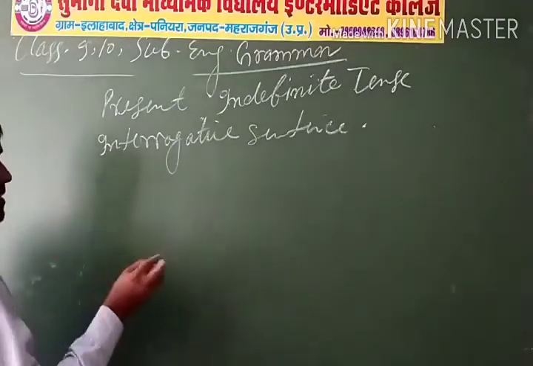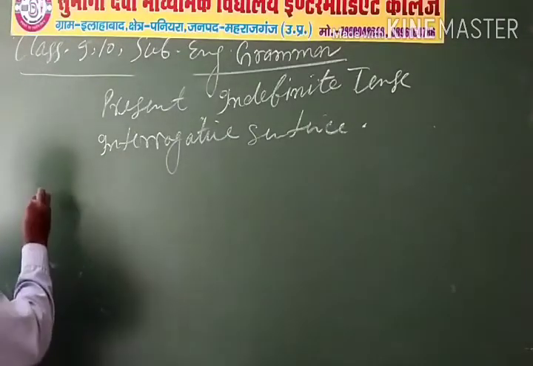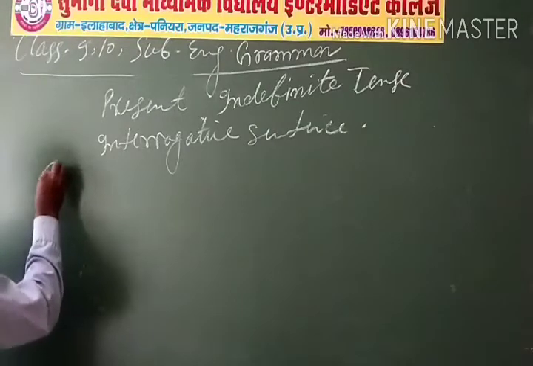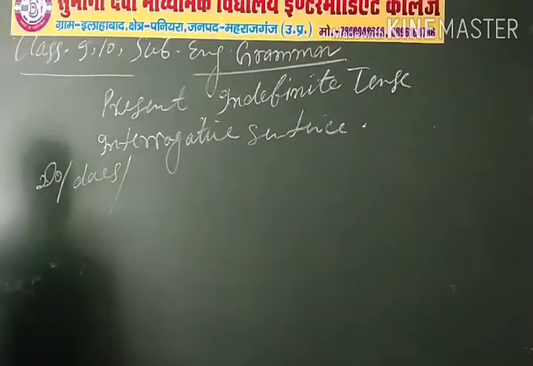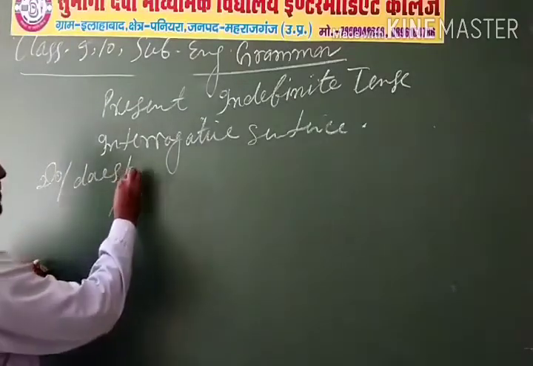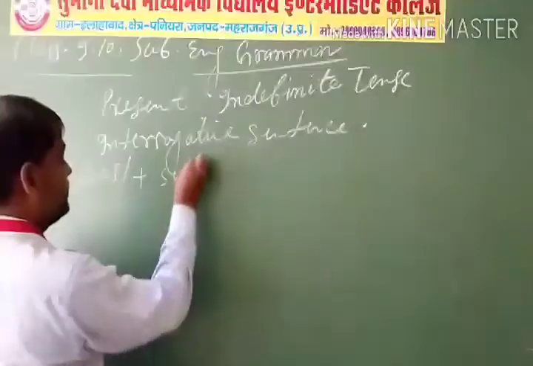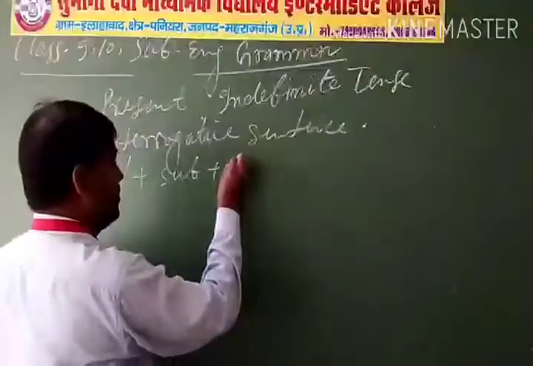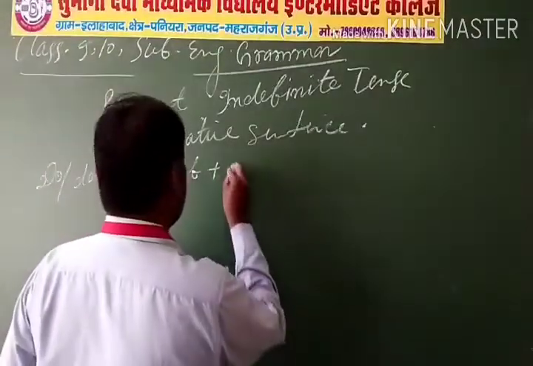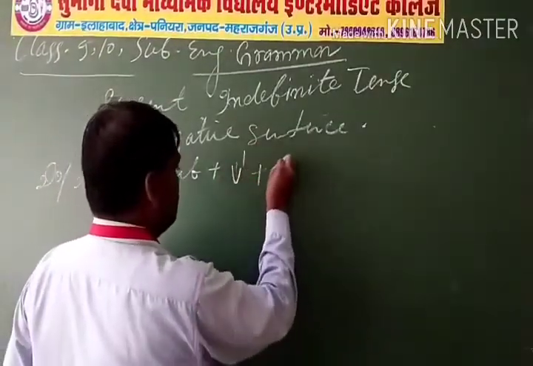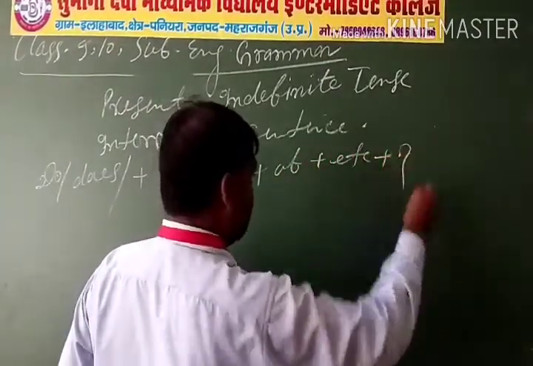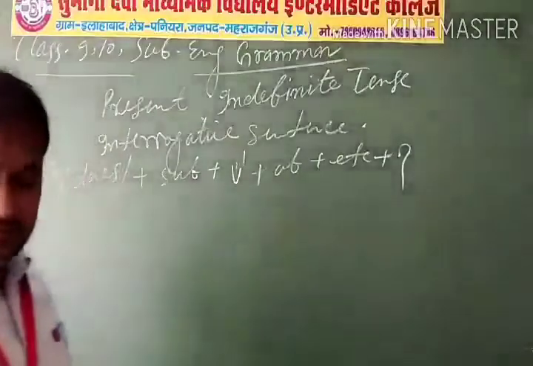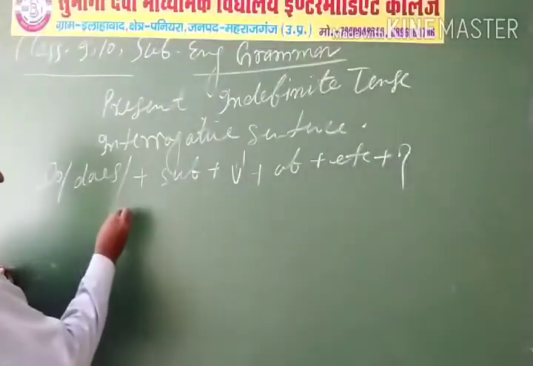If the subject is plural, then we have to write do, and if the subject is singular, then we have to write does. And after then subject, and after then the verb's first form, object, etc., and at last a question mark.